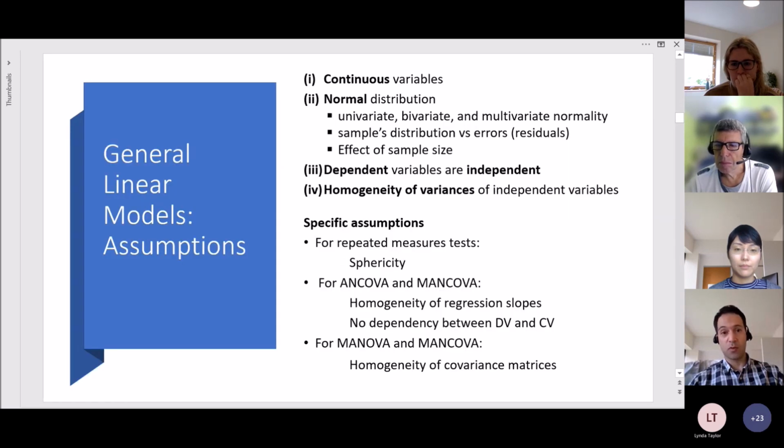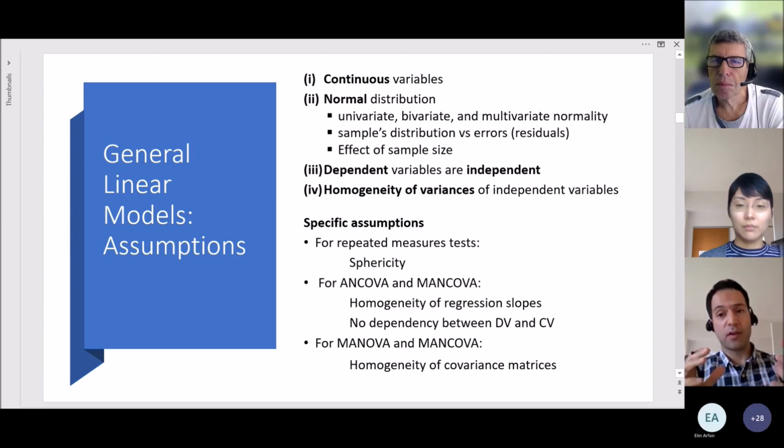So back to GLM, what are those assumptions of GLM? First of all, we need to make sure that our dependent variables are continuous, not categorical. And if they are categorical, then a whole different type of techniques will be suitable for our data. As I mentioned before, we need to make sure that the data is normally distributed.